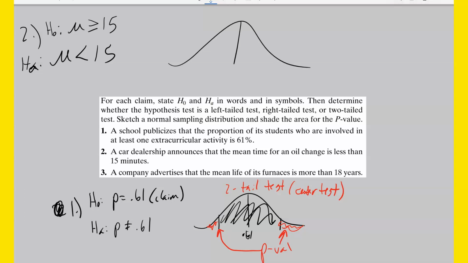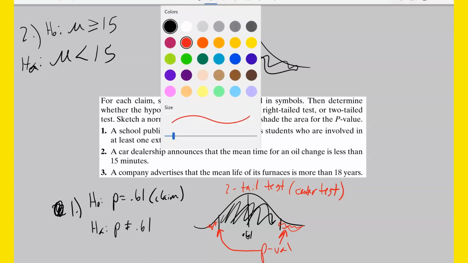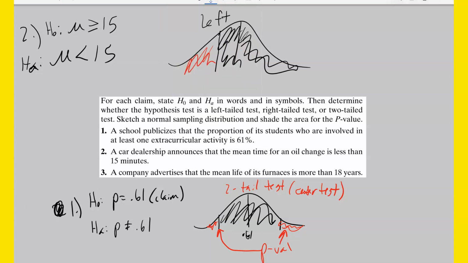Okay, so H naught is greater than or equal to, so everything over here supports that it's true, and even something over here wouldn't allow us to reject it, but there would come a point over here where we would reject it. And so this would be what? A left tail test, and this would be the p-value right there in that red area.